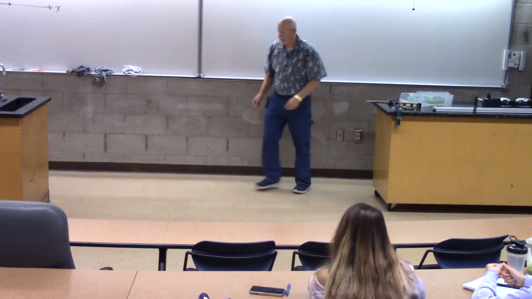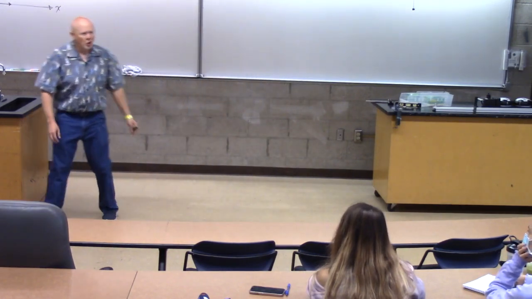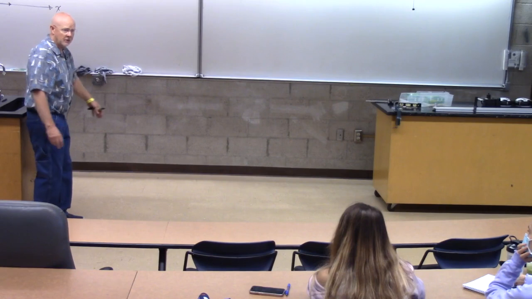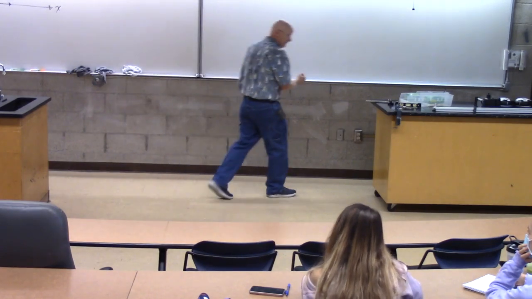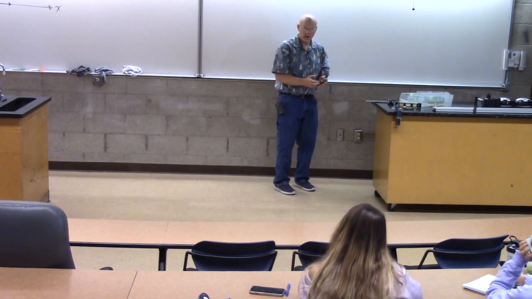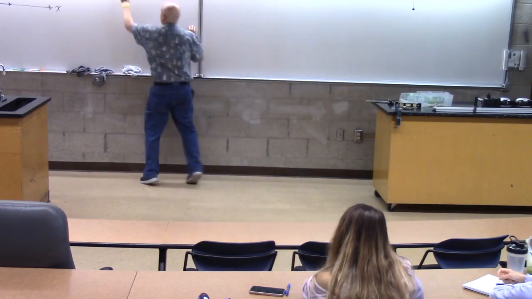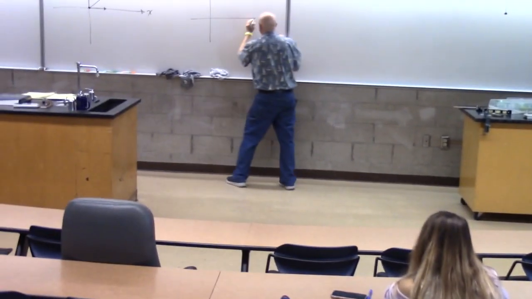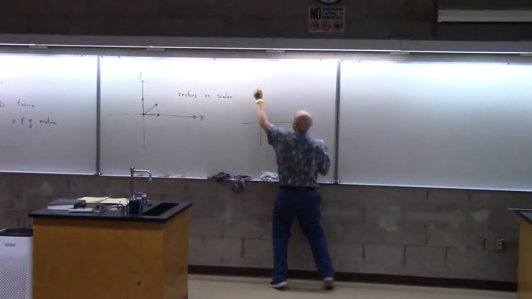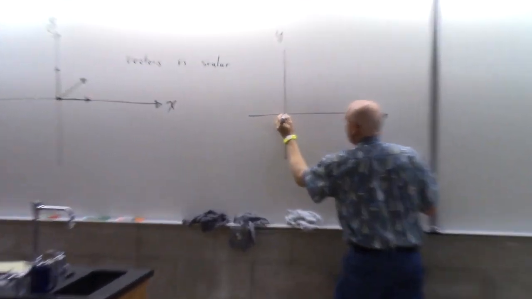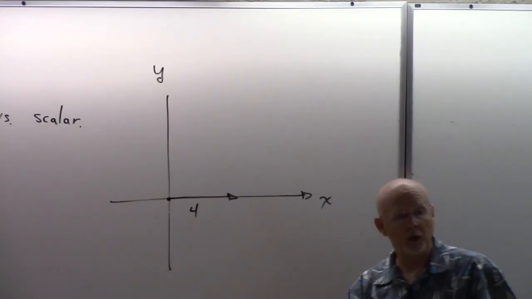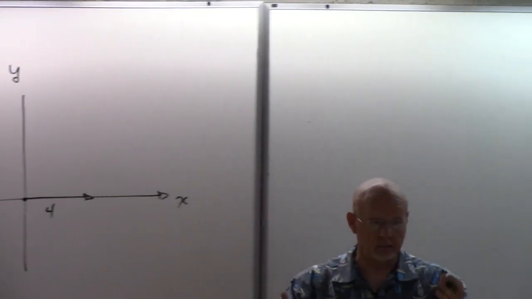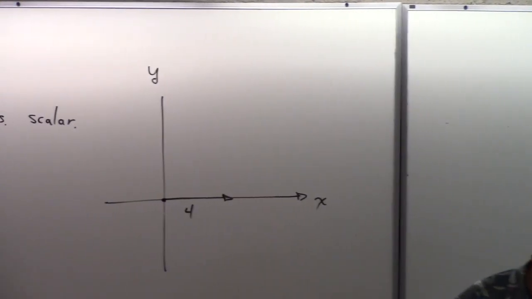Or put another way, couldn't I have gotten to that same spot by starting here and going at some angle and taking a certain number of steps and got to the same place? So our thinking is going to be this, that if you take a length of 4, and I won't put any units here because this is 4 steps, and they're not a meter, they're not a foot, they're steps.